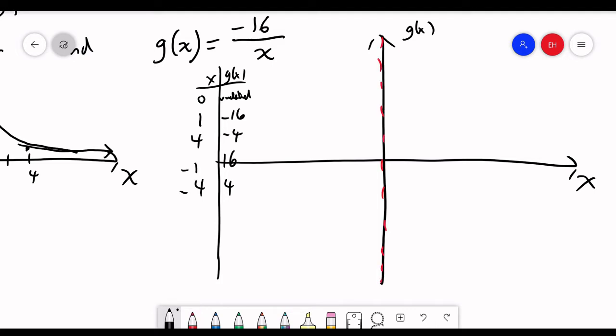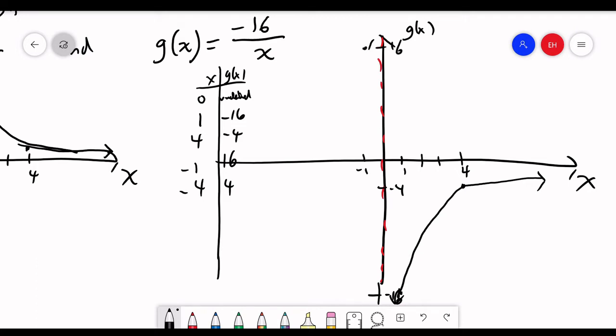Okay, so let's put these points on the graph, sketch our dashed vertical line on the undefined part at x equals 0. And then at 1, it is negative 16. And then when I put in 4, I get out negative 4. All right, and then I'll connect those dots knowing that it's going to run along the red dashed line like a guideline.